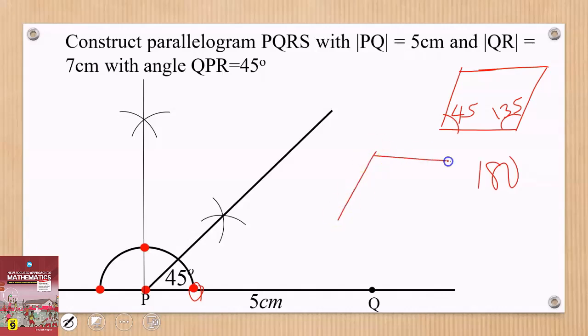Again, if they give me one acute angle as 30, the other angle consecutive to this one must be 150, so that the two of them add up to 180. And so because of this, you're supposed to construct an angle of 135 here, so that the line that will come here will be parallel to this line.